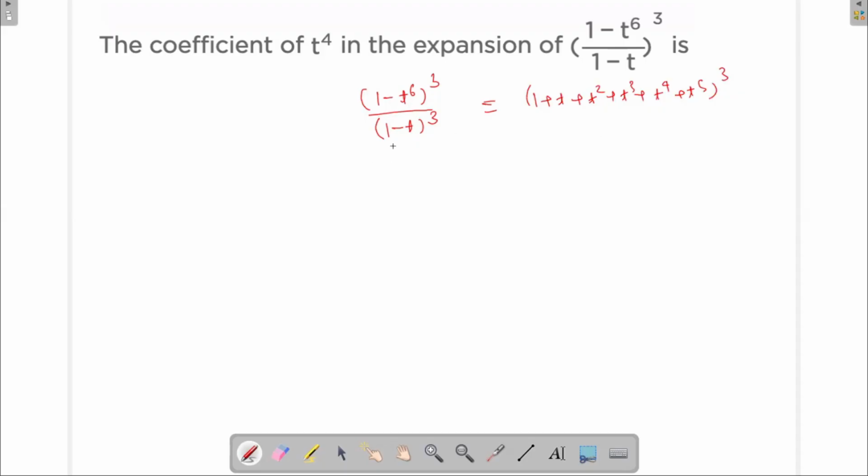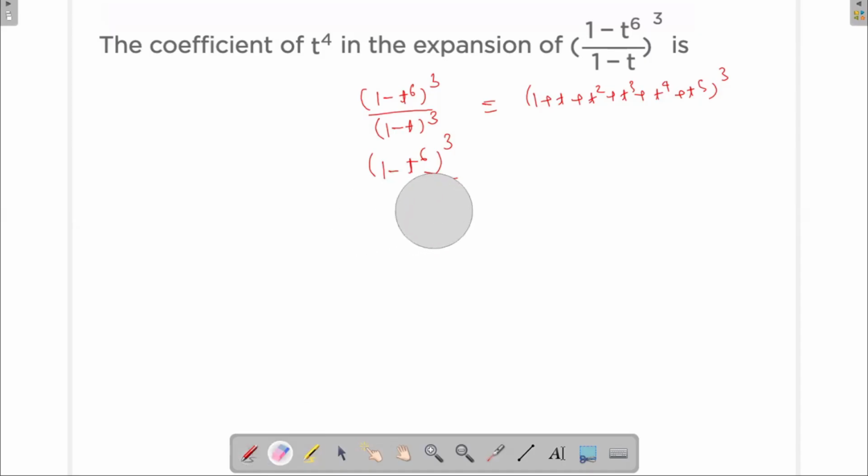The other approach is to write (1 minus t raised to the power 6) whole raised to the power 3, and then you've got something in the denominator as 1 minus t raised to the power 3.